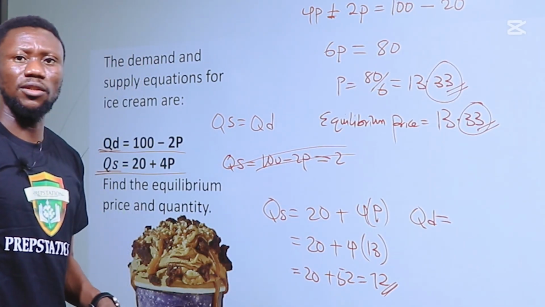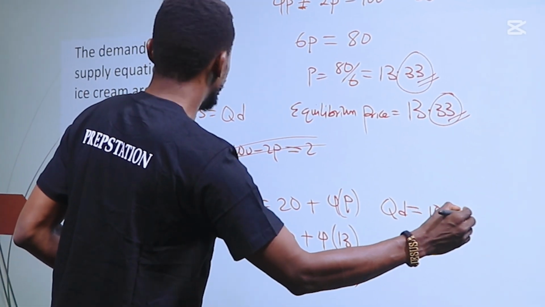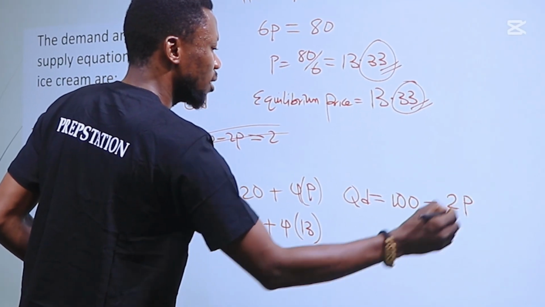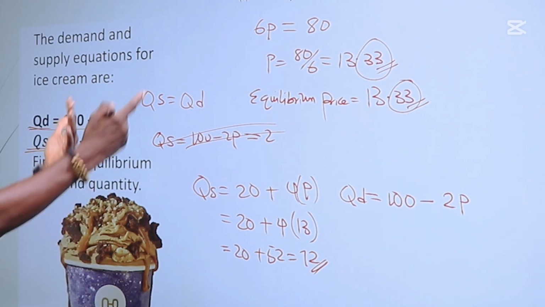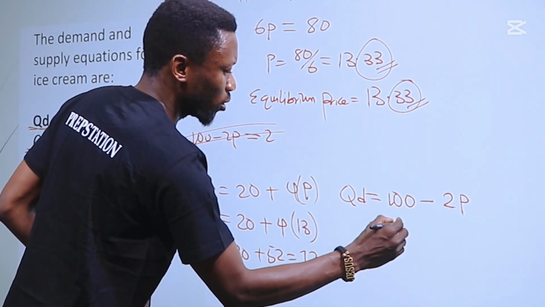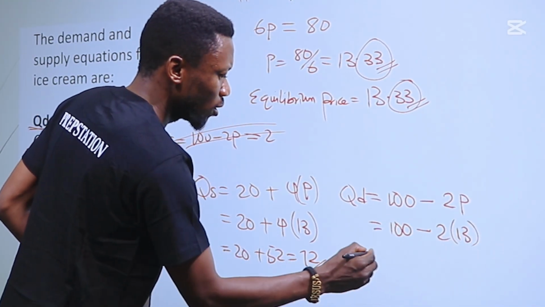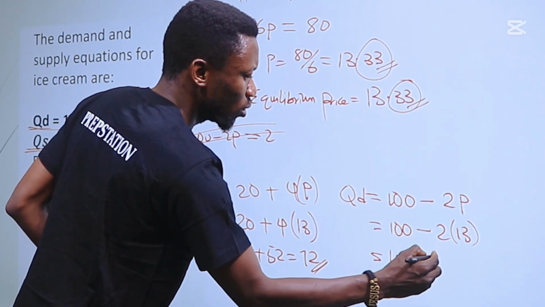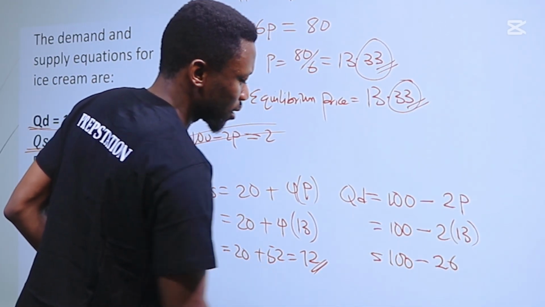So for QD, our previous formula is 100 minus 2p. Substitute the p of 13, rounded to a whole number for the p. That gives us 100 minus 2 times 13. So what is 2 times 13? That will give us 26.